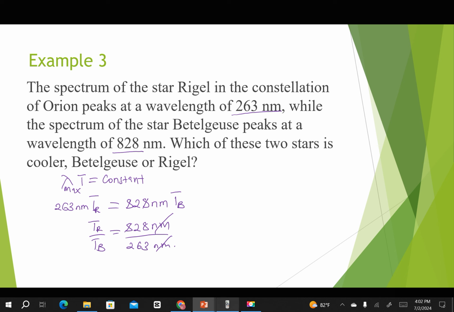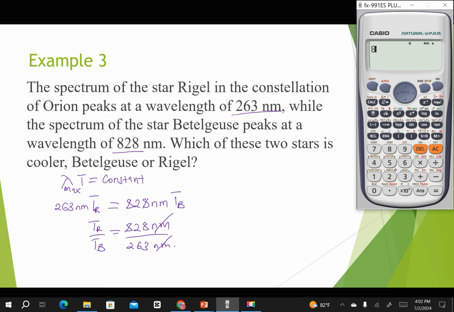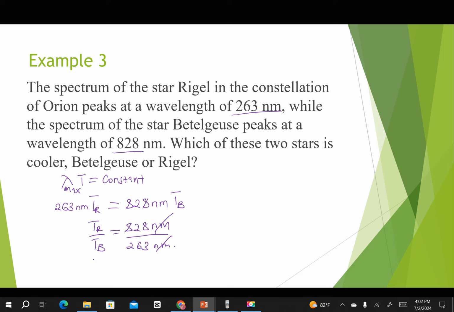So I can try to find this fraction, 828 divided by 263. This is approximately 3. So it means the temperature of Rigel is approximately 3 times the temperature of Betelgeuse.